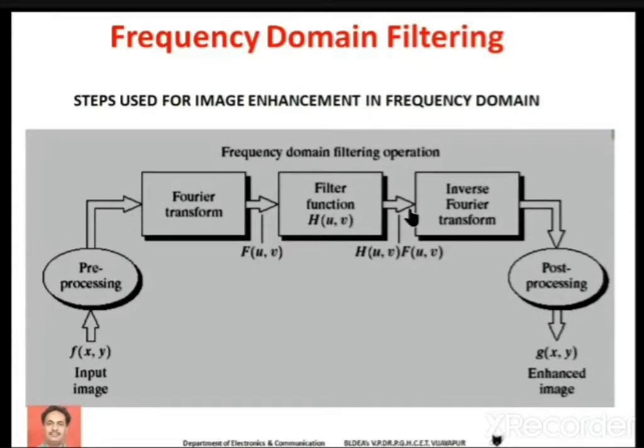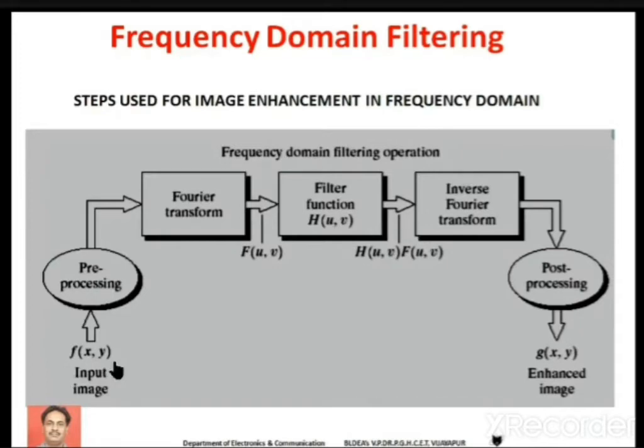We have to apply the operations in a particular sequence to enhance or filter the image in the frequency domain. Here the method is like this. We have the block diagram. In the form of a block diagram, we have represented the different steps which are used for image enhancement in the frequency domain. Just go through this diagram.